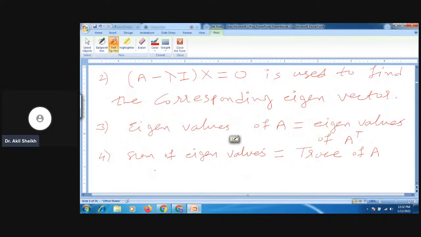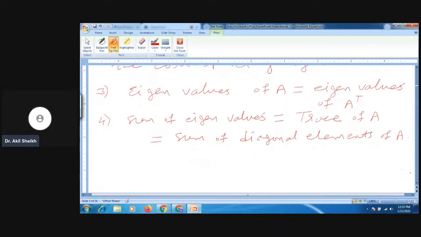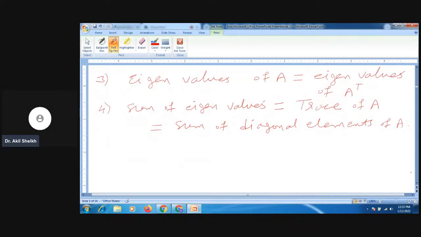Trace is nothing but the sum of the diagonal elements of matrix capital A. Next important note: first for sum of eigenvalues, next for product of eigenvalues.